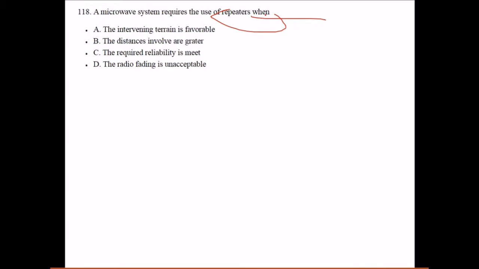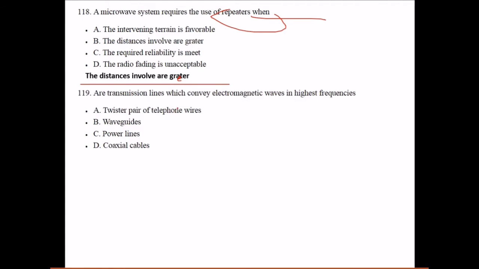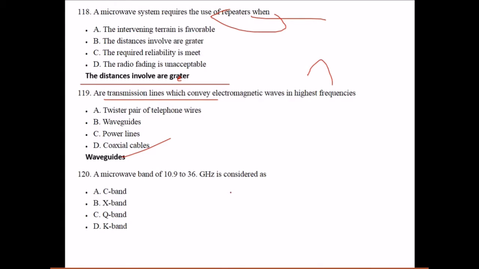So the repeater enhances them, gives them a boost. A microwave system requires the use of repeaters when the distances involved are greater. Now, transmission lines which convey electromagnetic waves at the highest frequencies are waveguides. The microwave band of 10.9 to 36 GHz is considered as what? K-band.